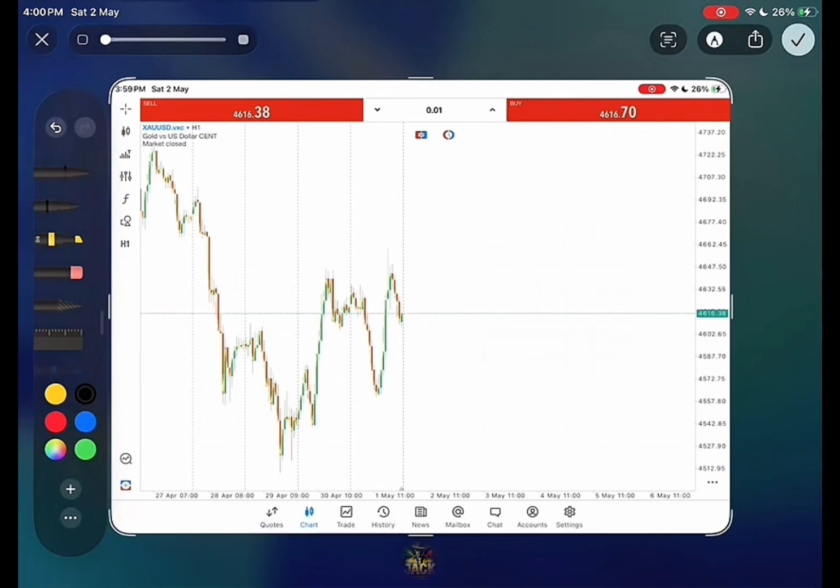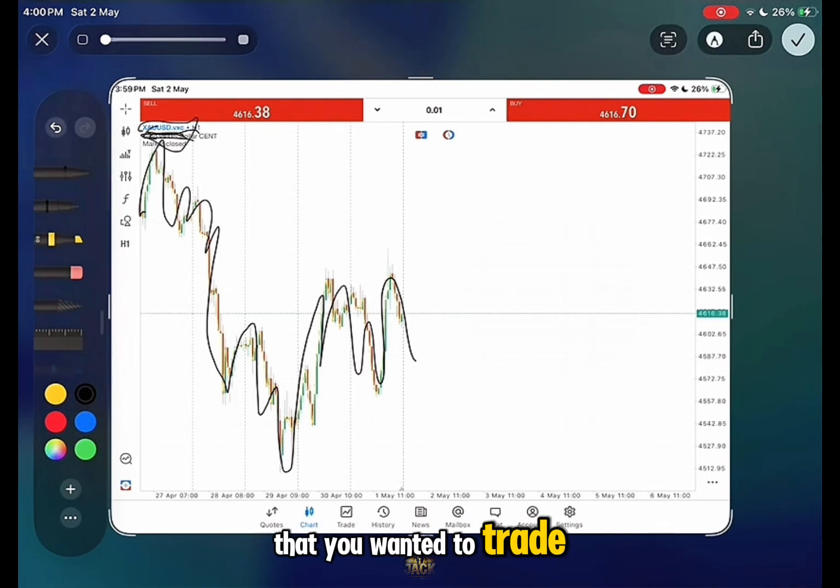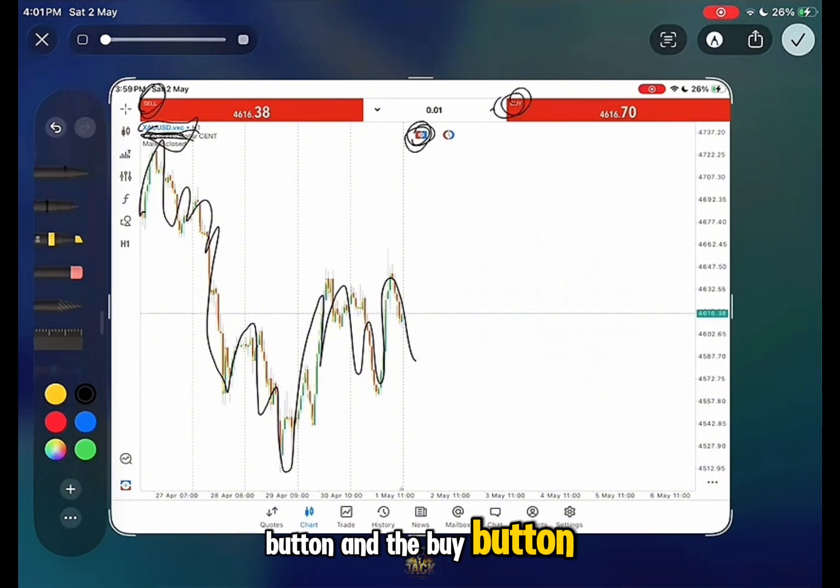So this is your MT5 chart. You open it, you can see this. The market is running. You are in the pair that you wanted to trade. And then when you click this button here, you can see your sell button and the buy button. I'm using an iPad. If you're using your phone, it could be a bit different.